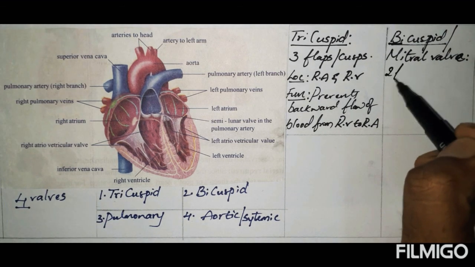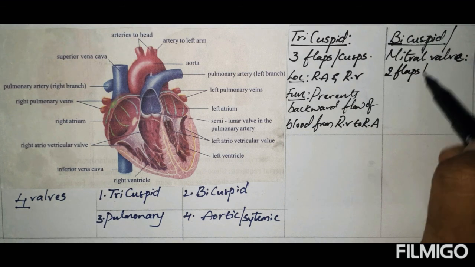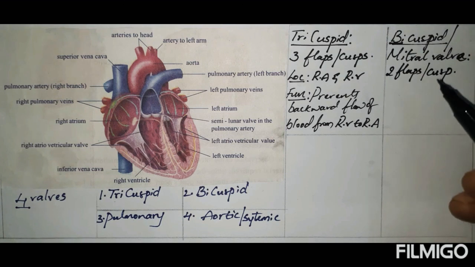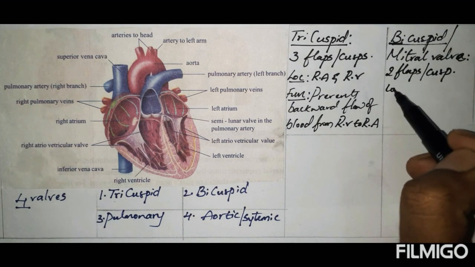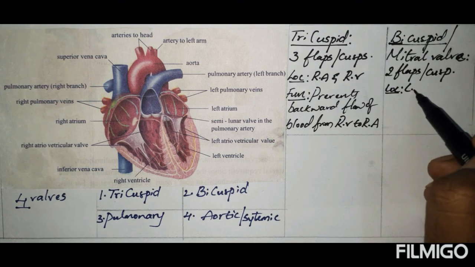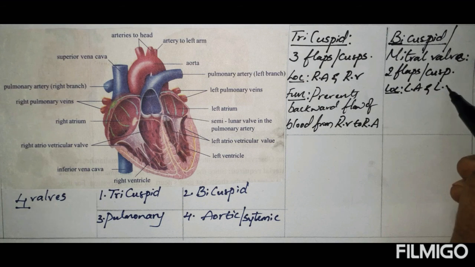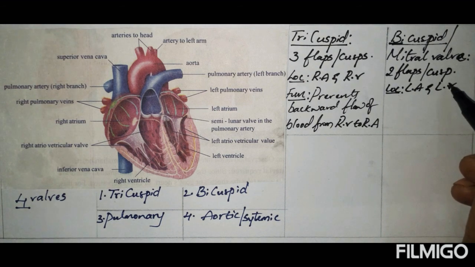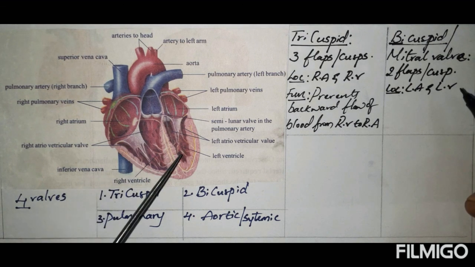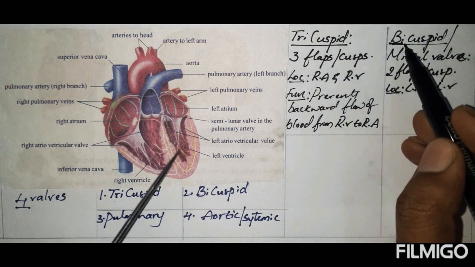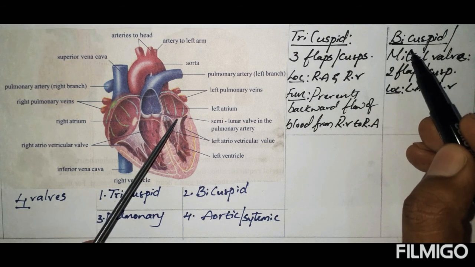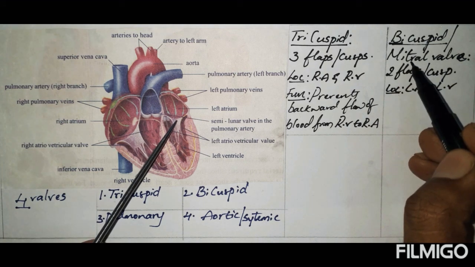It has two flaps or cusps, lid-like structures present in this valve. Where is it located? This valve is located in between the left auricle and left ventricle. Let me show you the location. This is the left auricle and this is the left ventricle. Bicuspid valve is located here. It is also known as a mitral valve.